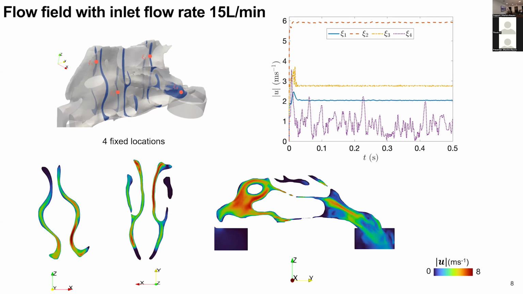You can see that in locations C1 to C3, the first 3 more frontal ones, there is a minor transient time, and then the solution reaches a steady state, but with minor oscillations.